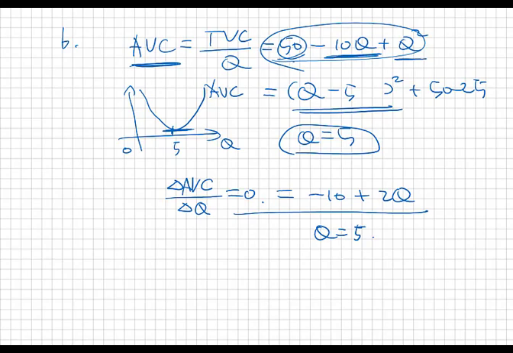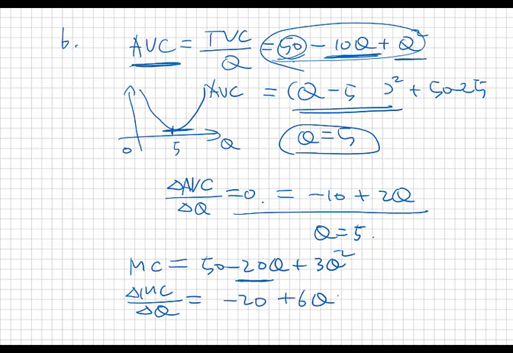You can do the same thing for marginal cost in question A. We found marginal cost is 50 minus 20Q plus 3Q squared, and we know marginal cost is also U-shaped with one minimum happening at 10/3. That can be found by applying the derivative of marginal cost with respect to Q. We find minus 20 plus 6Q equals 0, so Q equals 20/6, which is 10/3.